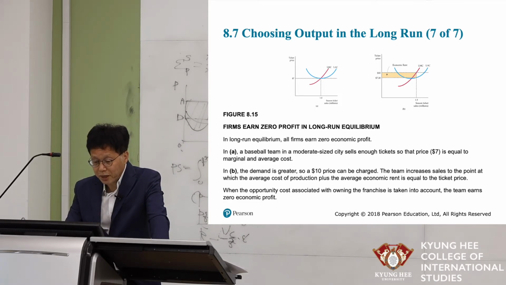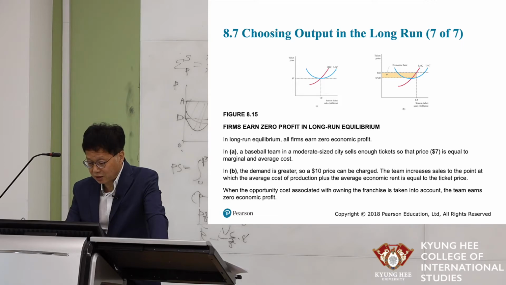But in panel B, the demand is greater, so the ticket price is $10. The team increases sales to the point at which the average cost of production plus average economic rent is equal to the ticket price of $10. Okay, here $7. But in panel B, $10.